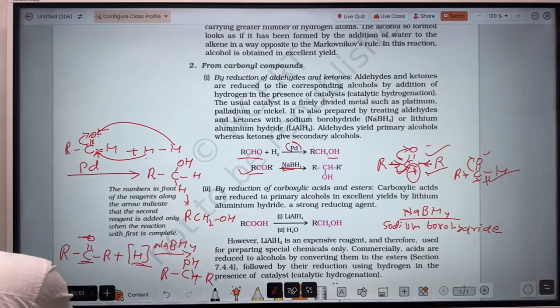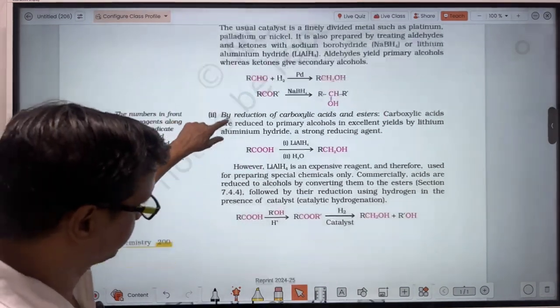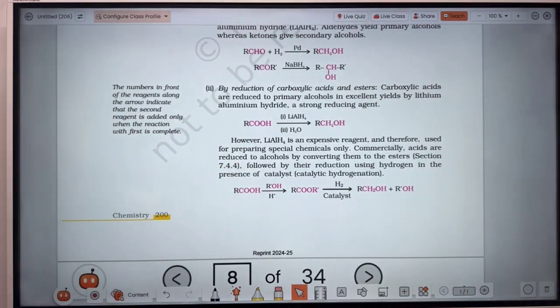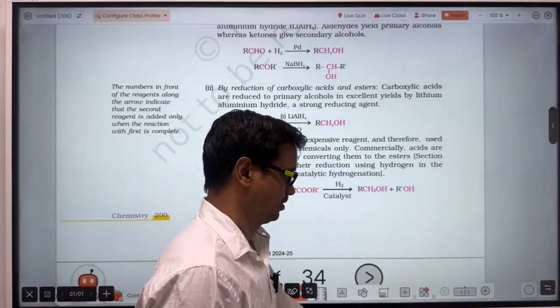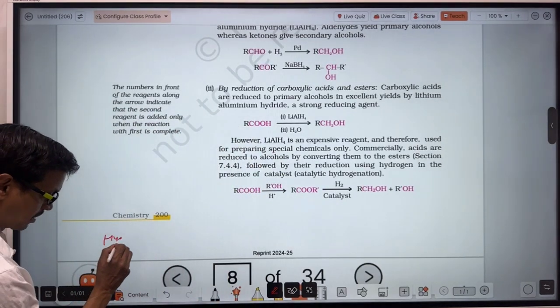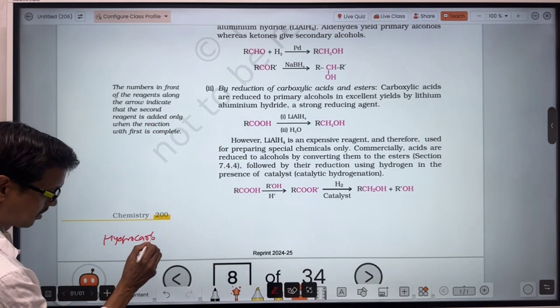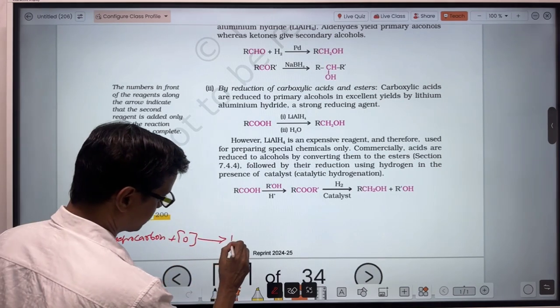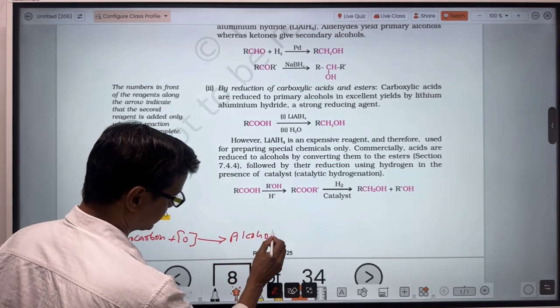Okay guys, very easy it is. Now the next reaction, LiAlH4, with carboxylic acid. I have taught you that when a hydrocarbon is treated with a mild oxidizing agent, firstly it oxidizes to form alcohol.